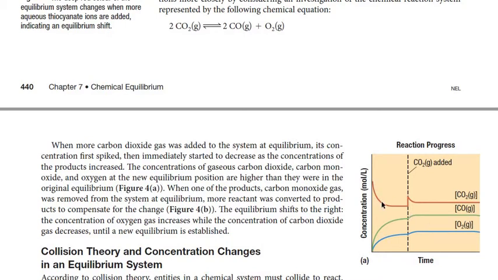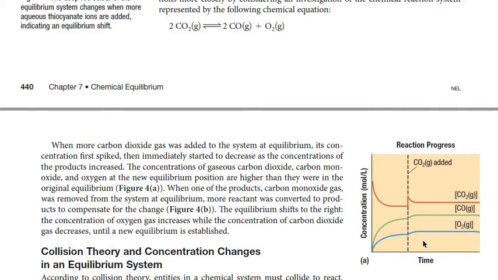So as you see here, the reactant is decreasing and the products are increasing until we reach the equilibrium condition, and all of a sudden at the equilibrium condition we started to add more carbon dioxide, so we have a jump in the initial concentration of carbon dioxide and then it starts going down, and we have a jump for the concentration of CO and O2.